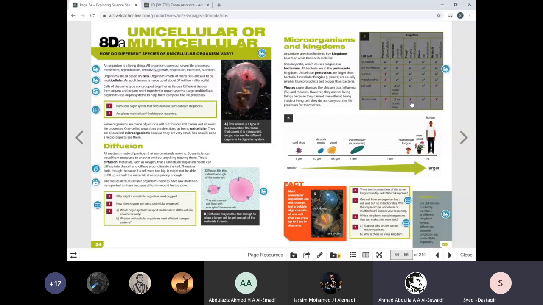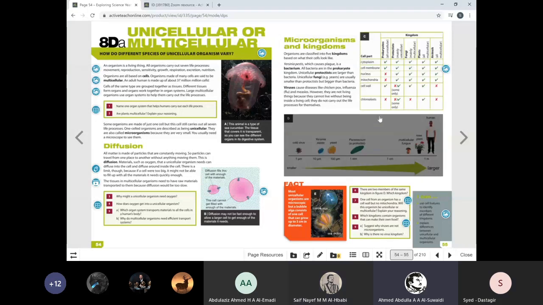Where do we find chloroplast? Like the leaf in the plant.